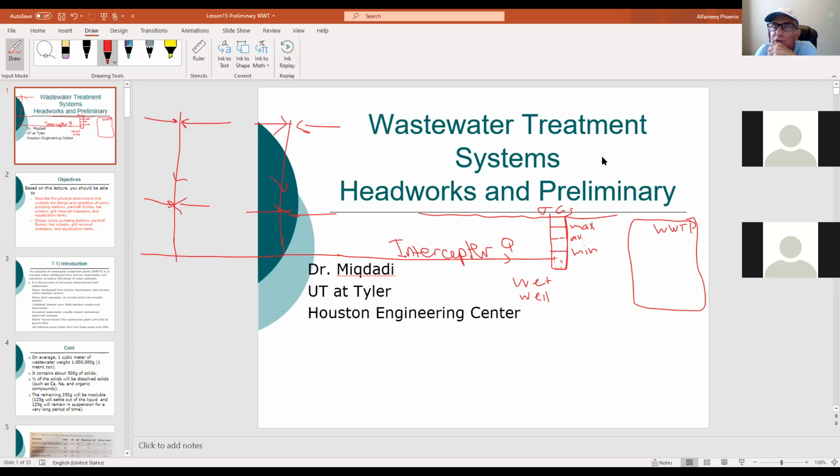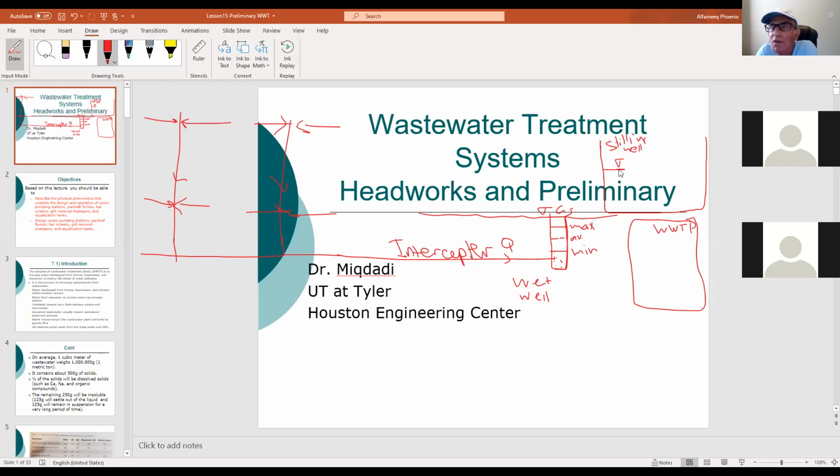So your wastewater treatment plant is going to be located somewhere. Here is the ground surface. And at a given point here, we call it the stilling well, since still water is still, or basin or tank, you need to pump from this wet well to a given elevation here.